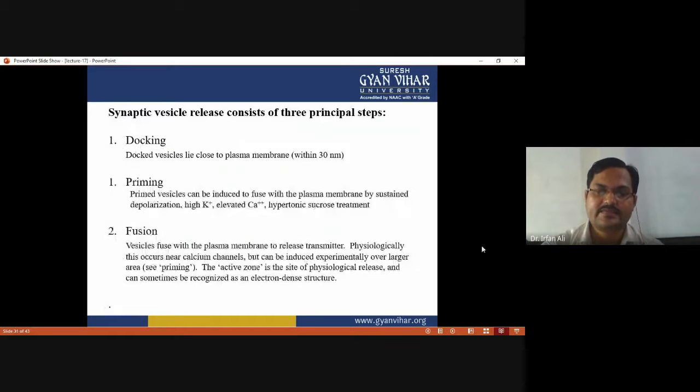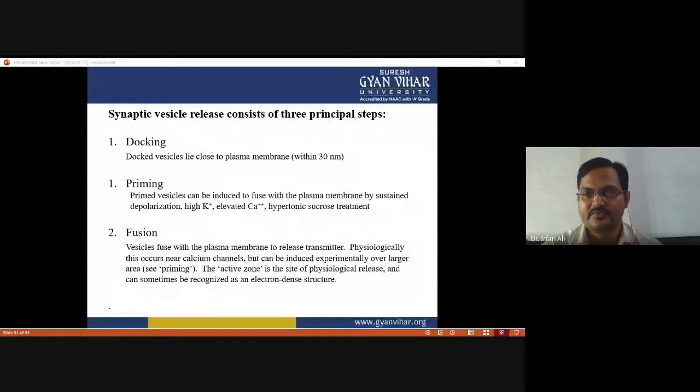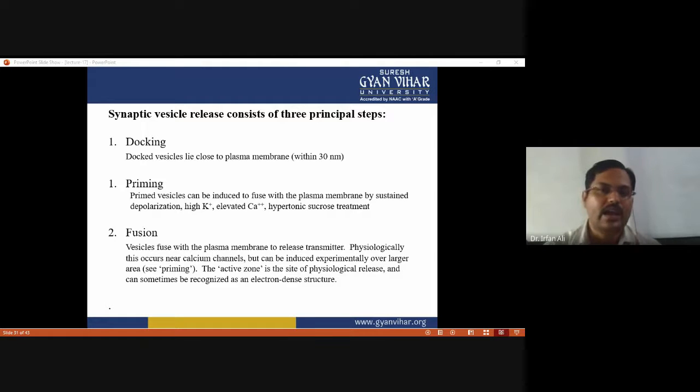And the steps while the synaptic vesicle fuses at the membrane include docking. Docking means docked vesicles lie close to the plasma membrane, within 30 nanometers. And priming, where primed vesicles can be induced to fuse with the plasma membrane by sustained depolarization, high potassium ion, elevated calcium ion, or hypertonic sucrose treatment.